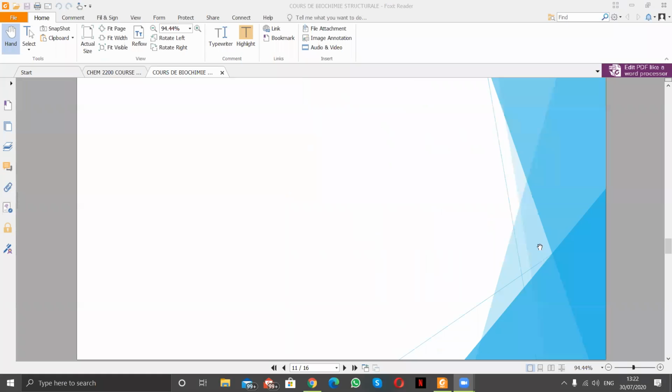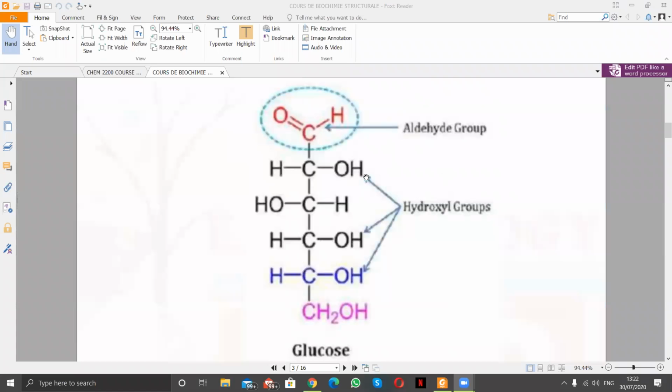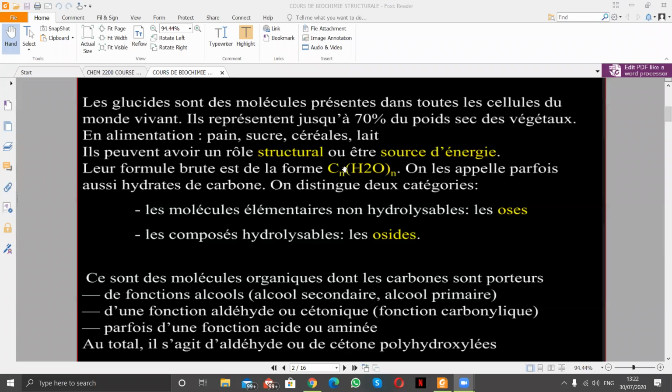Then we come here. You see this one? It doesn't have any carbon atom. And I said carbohydrates are in the ratio of 2 to 1, hydrogen and oxygen: 2 hydrogen, 1 oxygen.